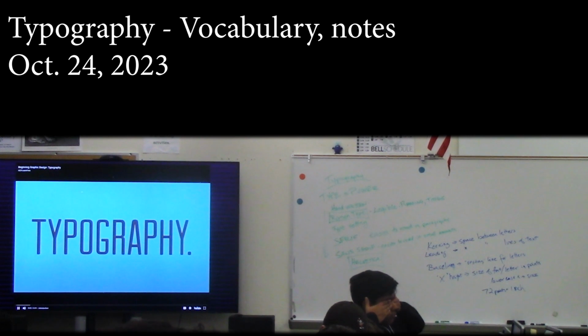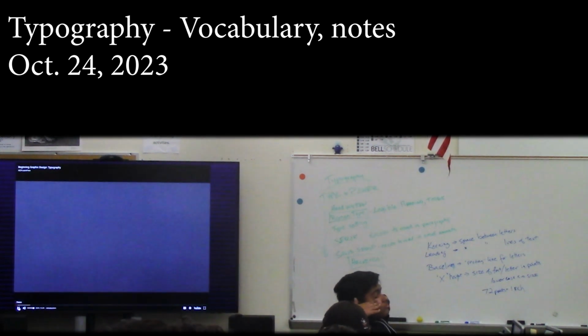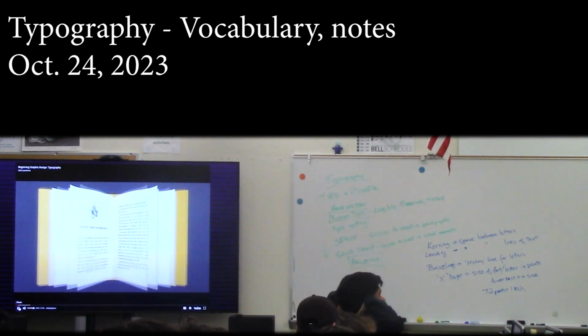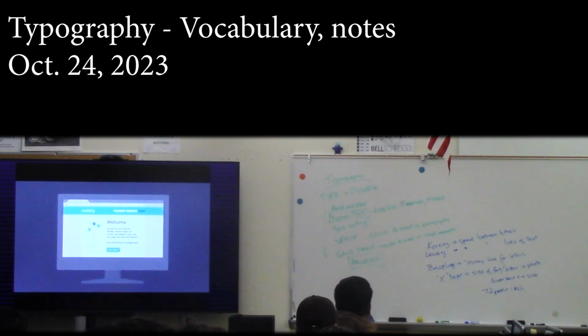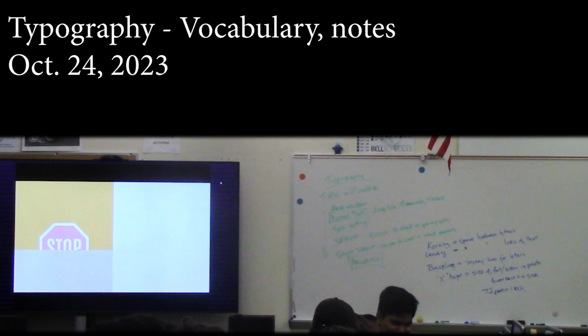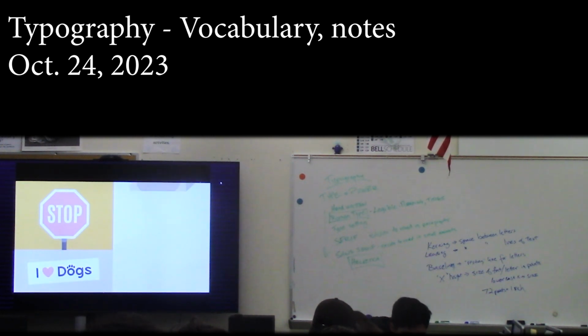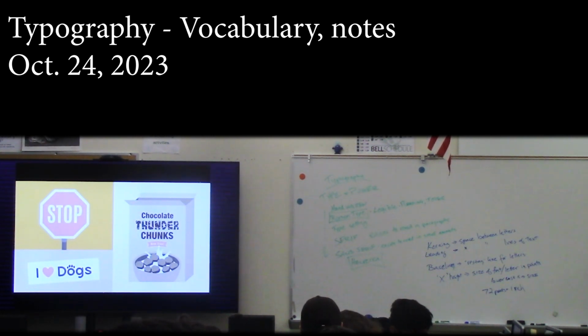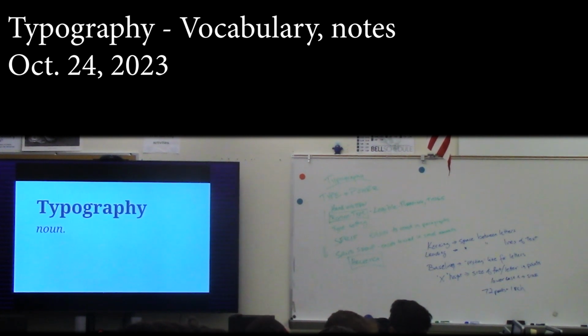Typography. It's everywhere we look. In the books we read. On the websites we visit. Even in everyday life: on street signs, bumper stickers, and product packaging. Simply put, typography is the style or appearance of text.